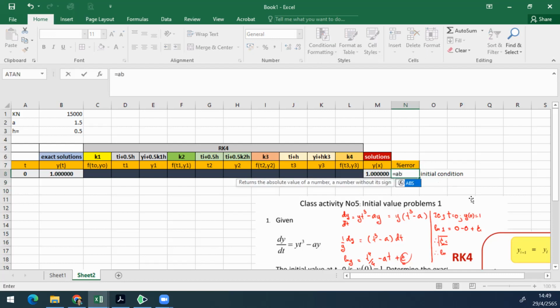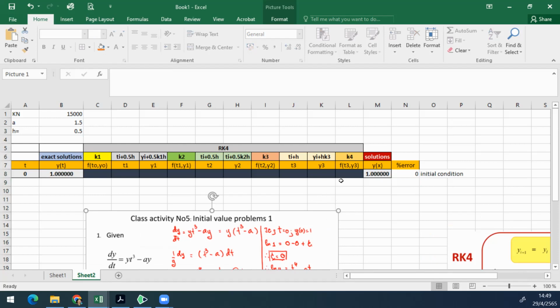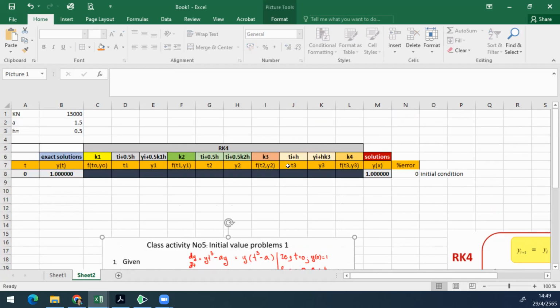Because it is the same. And the solution is what?